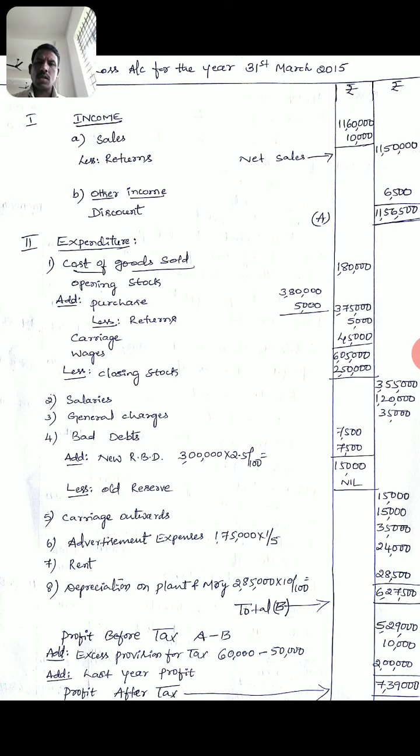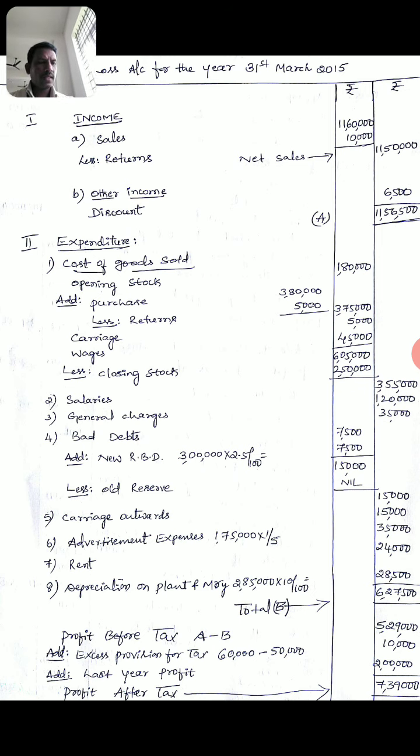So the total is rupees 6,05,000, minus closing stock of rupees 2,50,000. In the outer column, 3,55,000. So it is called the cost of goods sold.